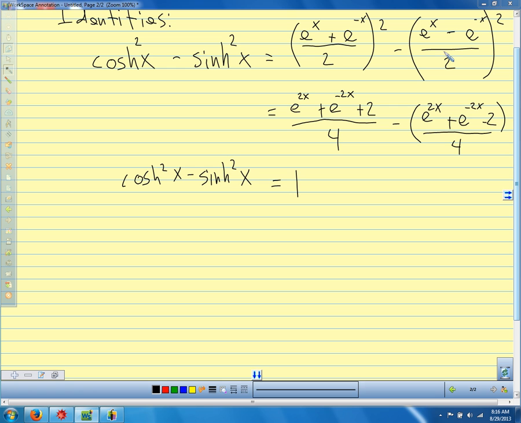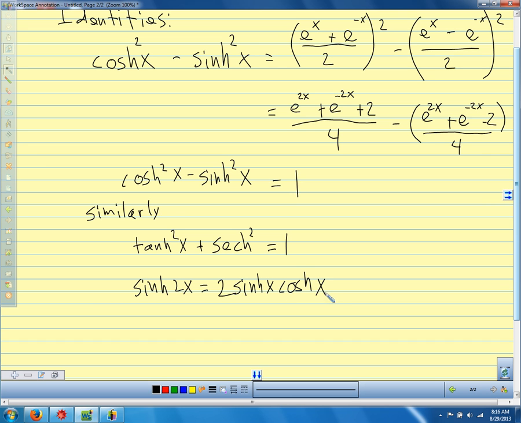I'm not going to go through the derivations, but we do the same thing, manipulating the definition, and we can find that tanh squared x plus sech squared x equals 1. And sinh of 2x equals 2 sinh x cosh x. You could go through and come up with a whole list of hyperbolic trig identities.